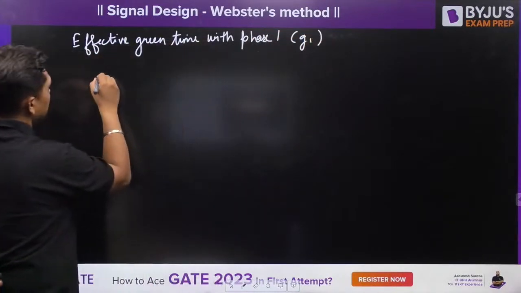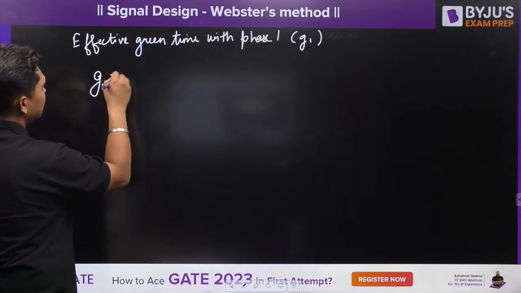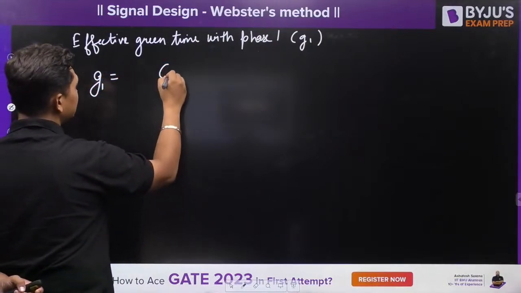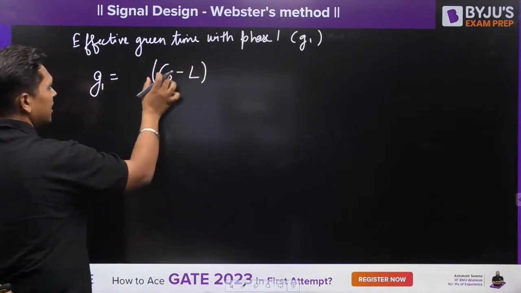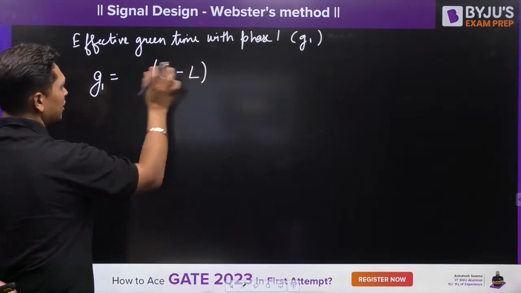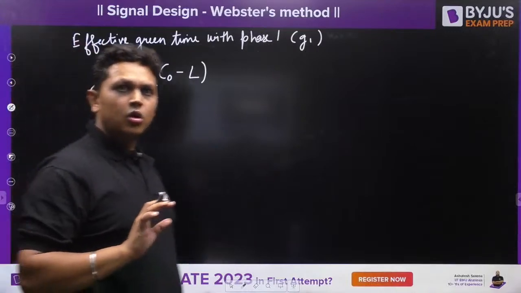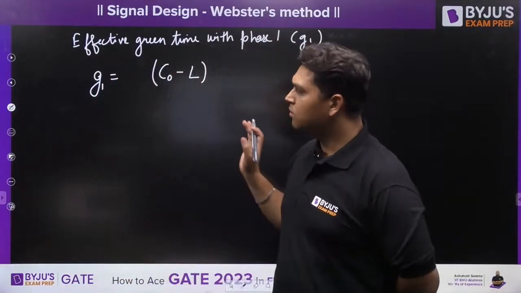So first of all, what is the effective cycle length available? C0 minus L. So this is the optimum cycle length minus total lost time. Okay, so only this much of cycle length is available for movement.